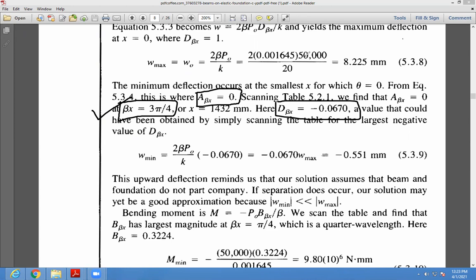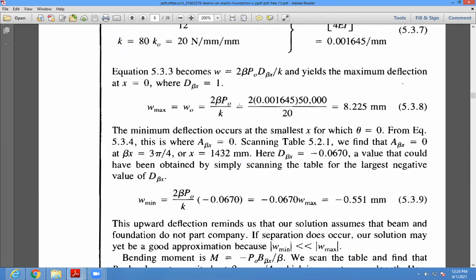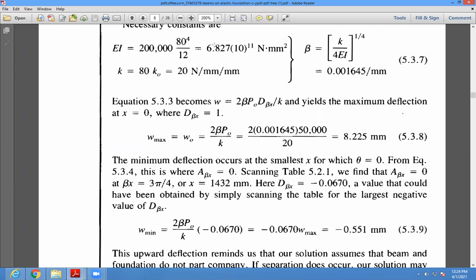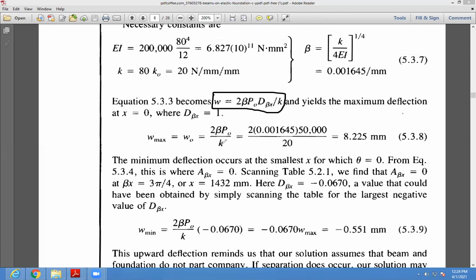Yes. All right. Now, in the previous calculation, we know this equation of W. You can see here as a beta x is automatically 0 in the equation of theta. So the remaining term is only d beta x. So W minimum is equal to whatever this equation multiplied by the d beta x value, right?